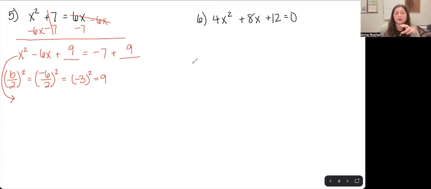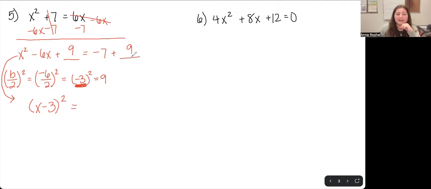Typically, when I do this work and I have lots of space, I do it over on the side, but then I leave this. This is the number that I really want, because when I go in to factor this, I already know that this is just going to be x minus 3 squared. I don't have to factor by setting up 2 sets of parentheses. I can just go straight in and go x minus 3 squared.